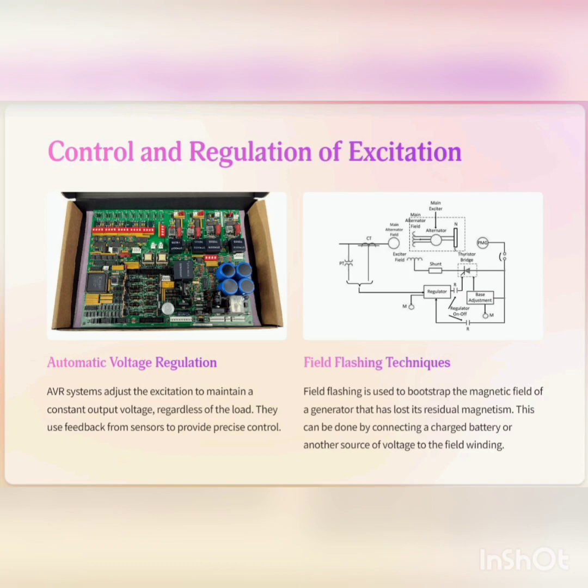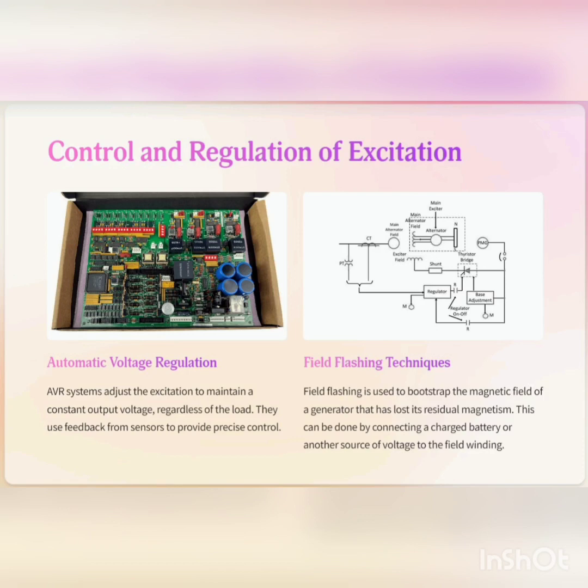Today, I would like to discuss control and regulation of excitation. Automatic voltage regulation: the AVR system adjusts the excitation to maintain a constant output voltage, regardless of the load. They use feedback from sensors to provide precise control.